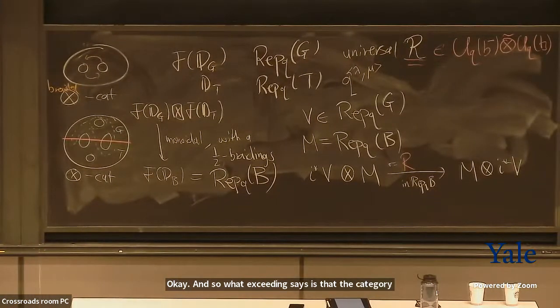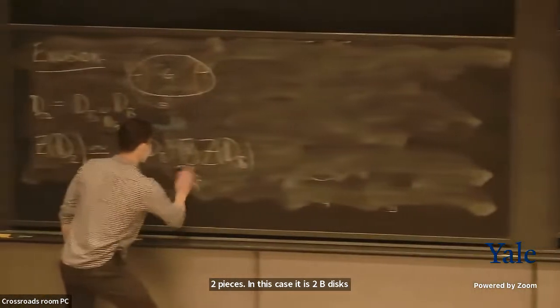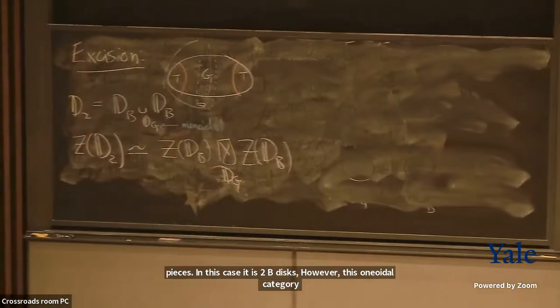And what excision says is that the category assigned to the whole surface we're trying to glue up is equivalent to the relative tensor product of the two module categories associated to the two pieces, which in this case are two disks, over the monoidal category over which we glue.